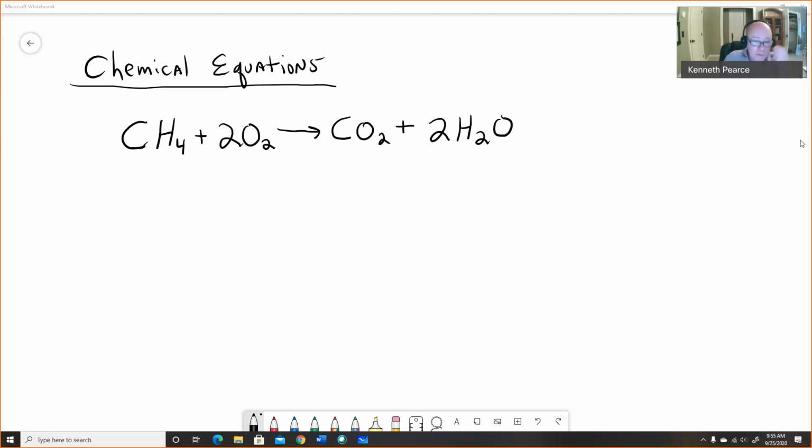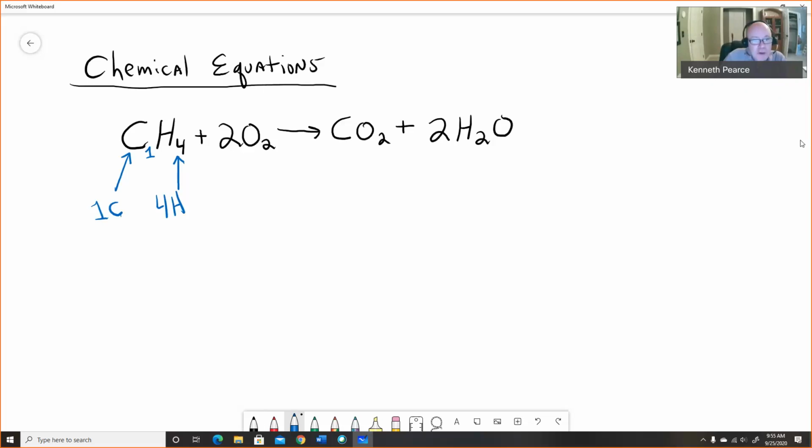Now, there are several things about this reaction. First off, when we look at the individual molecules, this 4 means 4 hydrogens. And there's an implied 1 right there, so that means 1 carbon.